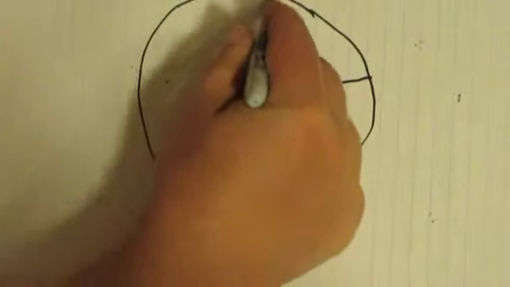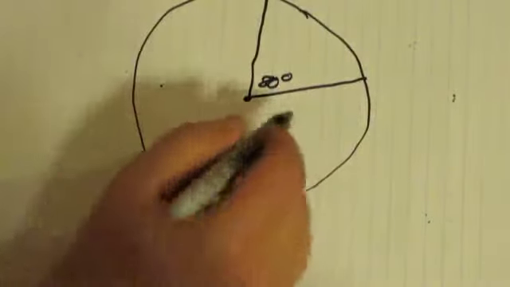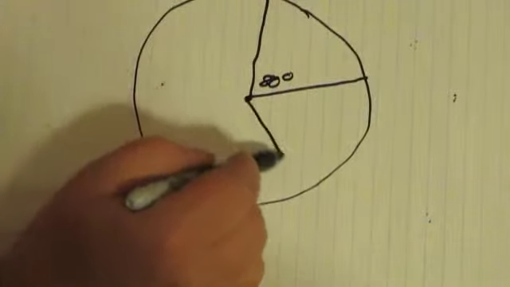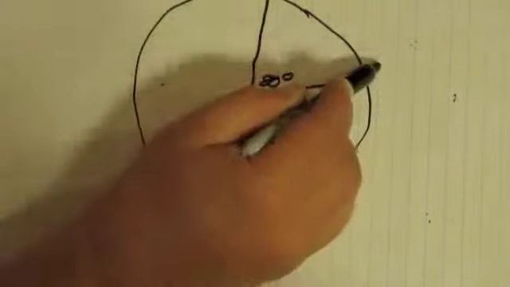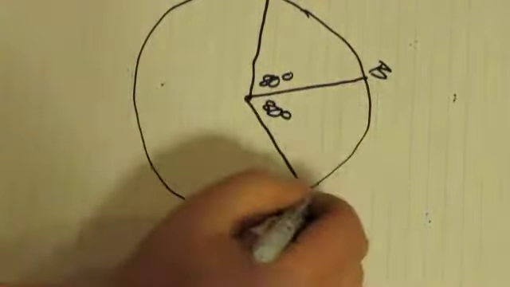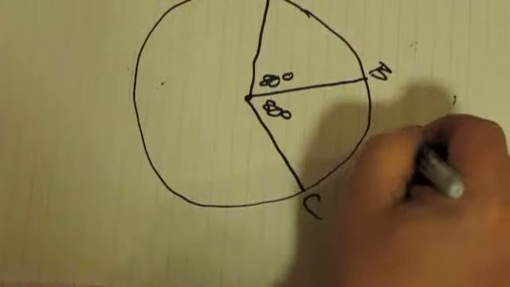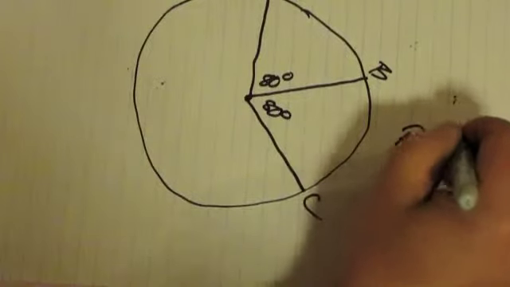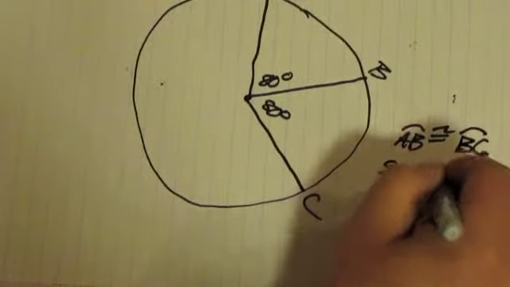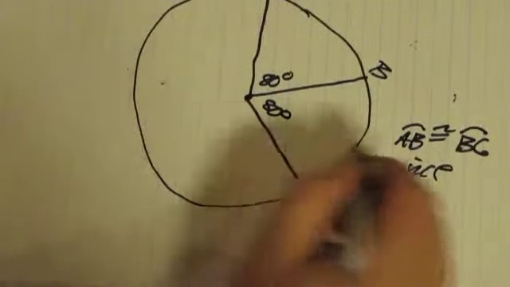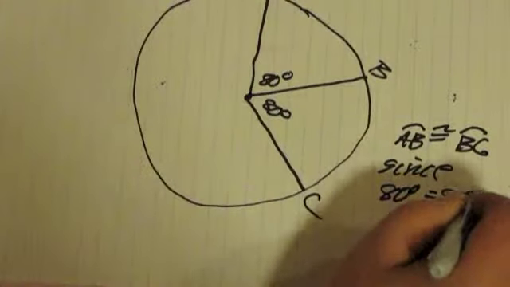For instance, if I have a central angle here that's 80 degrees, and another central angle that's 80 degrees, then I know that arc AB is congruent to arc BC, since 80 degrees equals 80 degrees.